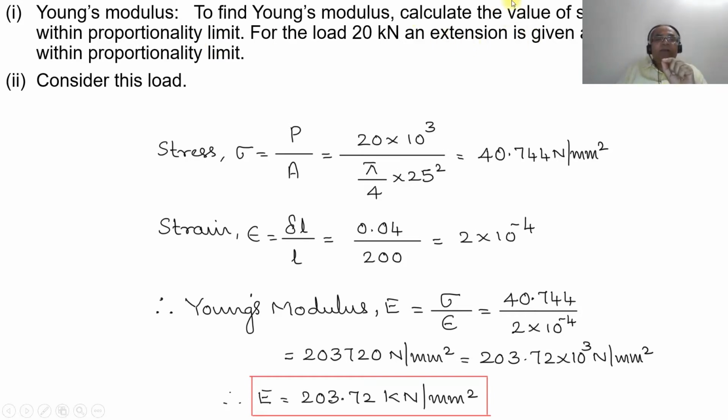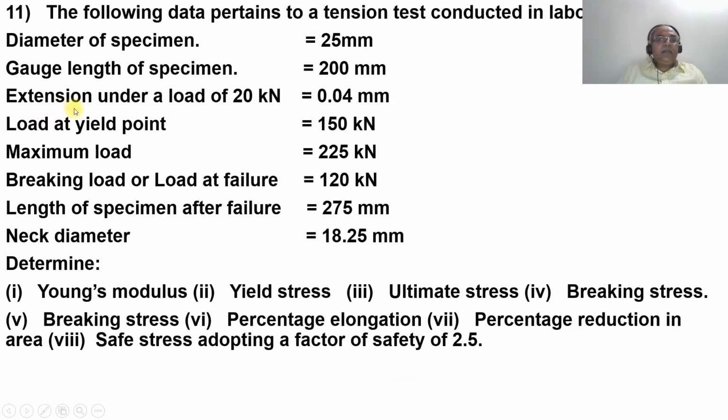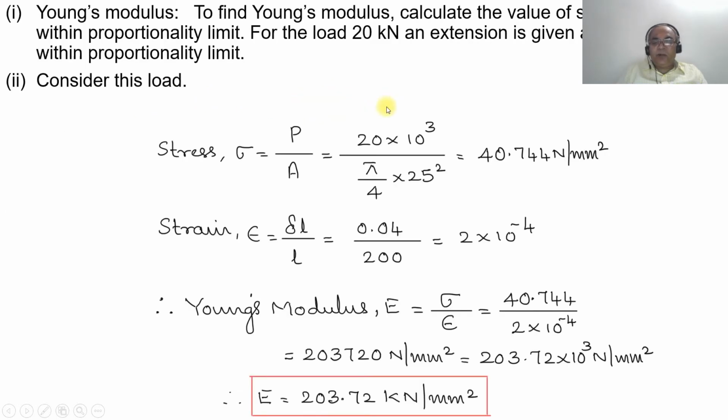So that is the reason why we need to calculate the stress and strain within the proportionality limit. So here in the problem, the proportional extension under load of 20 kilonewton, that is the proportionality limit, is 0.04. So for the load of 20 kilonewton, extension is given and the load is within the proportionality limit.